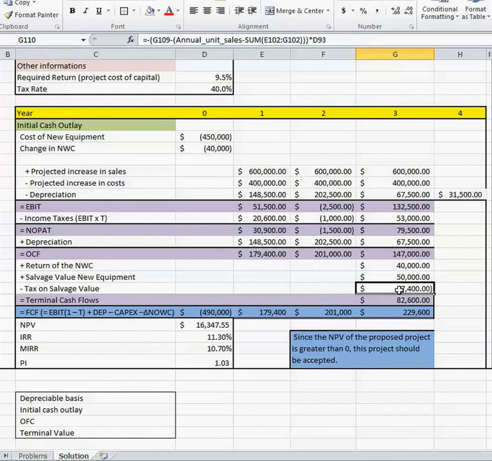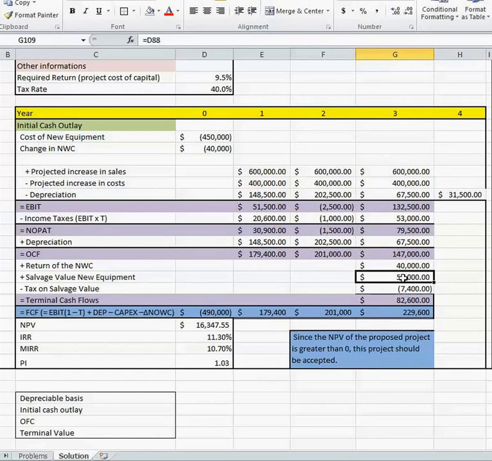Taking out the tax is a little bit complicated. You don't pay tax on the salvage value itself, but you pay tax on the difference between the salvage value and the book value of the machine. The salvage value is the projected value of the machine. You are going to sell it for $50,000, but this machine has a book value of only $31,500.